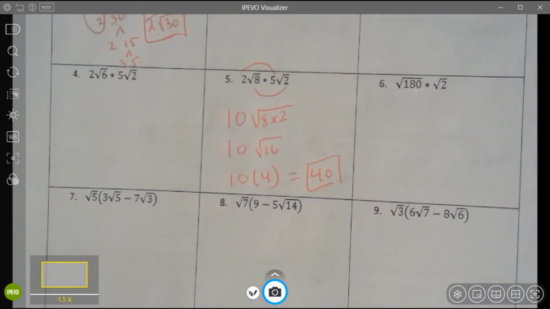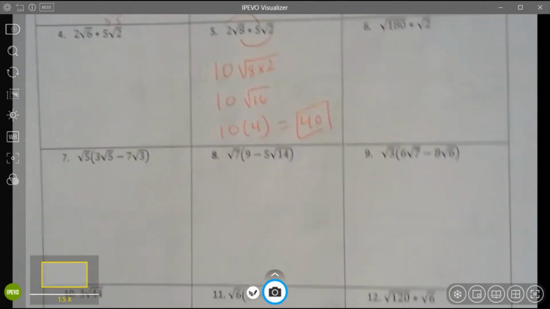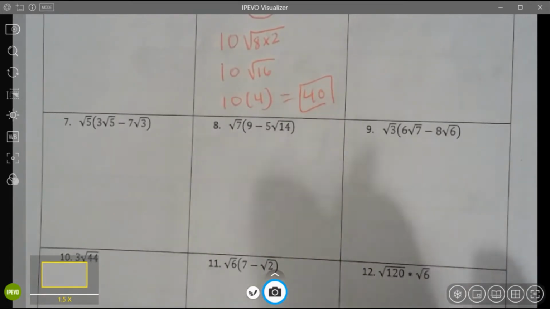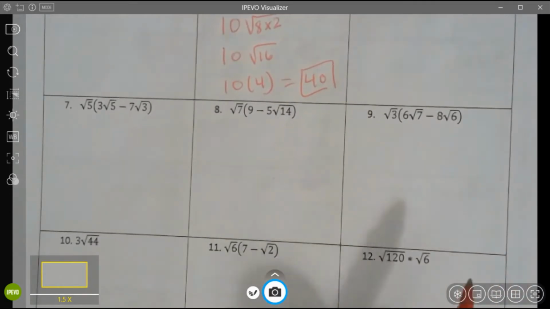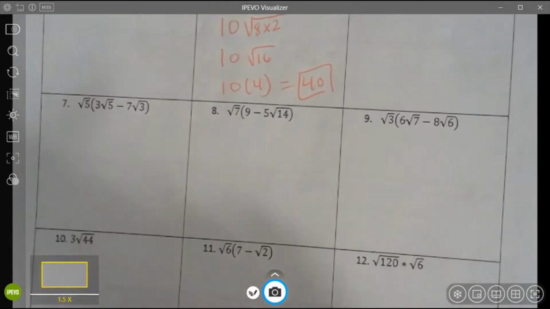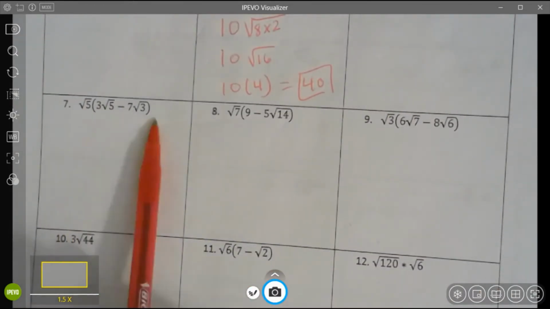Okay. Next, let's go ahead and do one from the group 7 through 9. Let's go ahead and do 7. So for 7, you're going to distribute the square root of 5 to everything that's here.